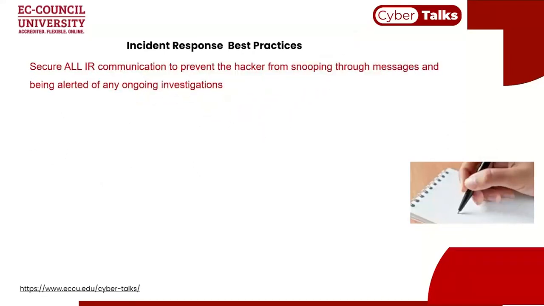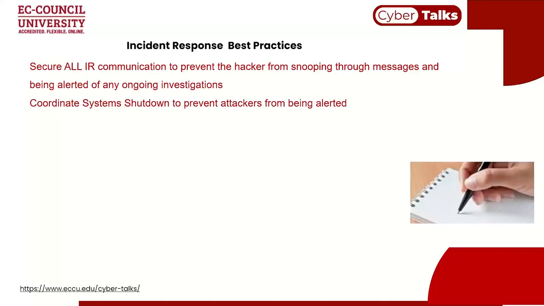So some best practices from an incident response perspective, as I mentioned: securing IR communication prevents snooping through messages. Or if we still have an incident ongoing, we will not want to alert the potential malicious actors of any investigations going on into their actions.